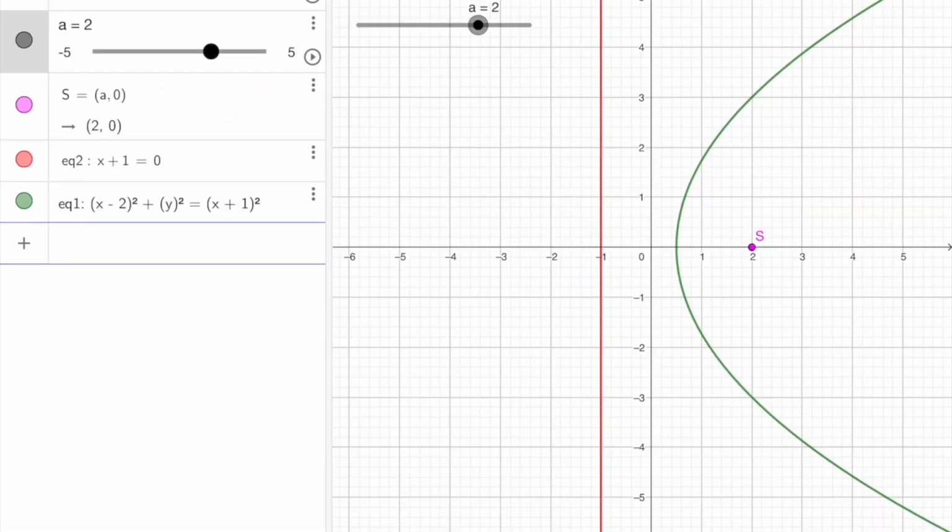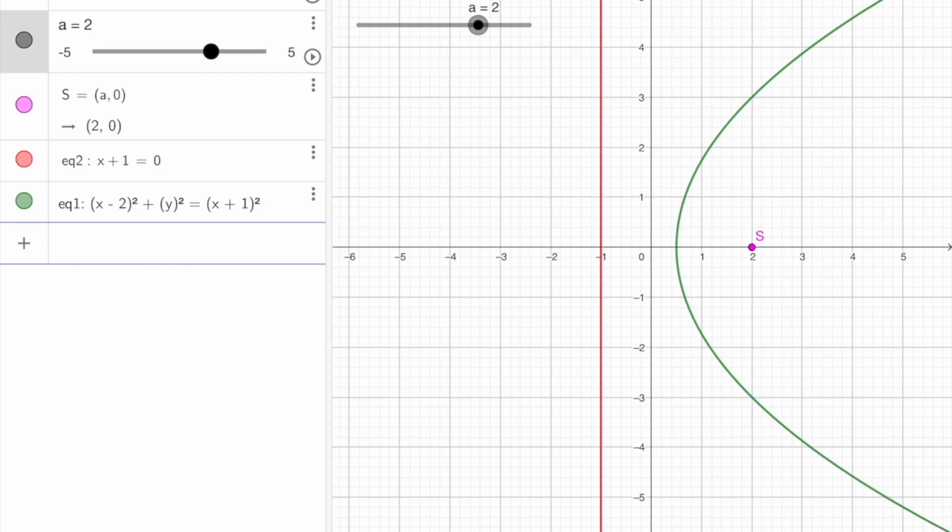See here, this is the equation. I'm taking a equal to 2 here. If I take a equal to 2, the SP equal to PM equation is going to be (x minus 2) whole square plus y square equal to (x plus 1) whole square. And here the red line is the directrix x plus 1 equal to 0.